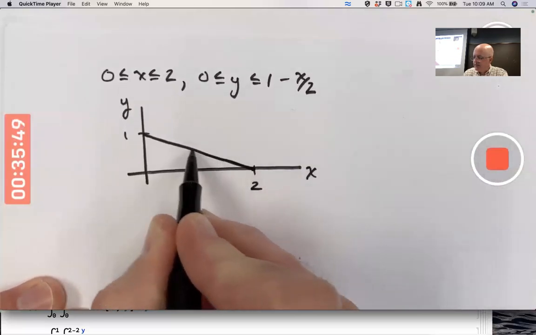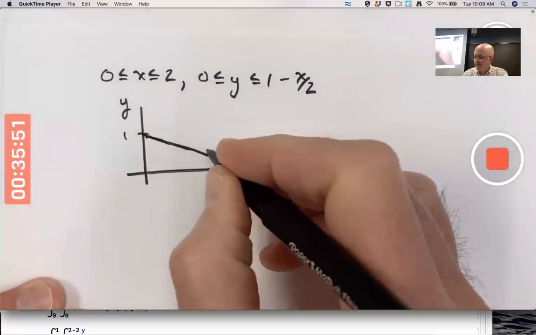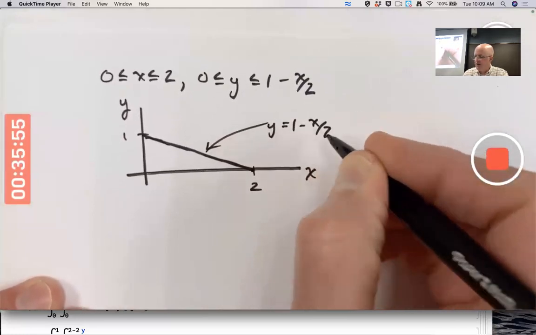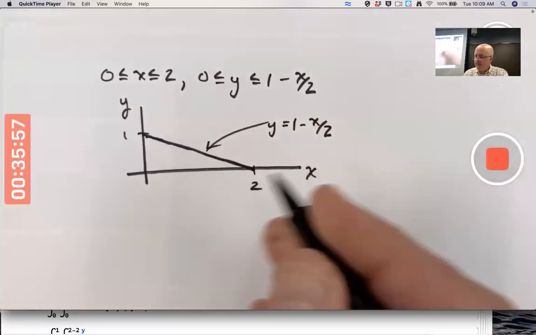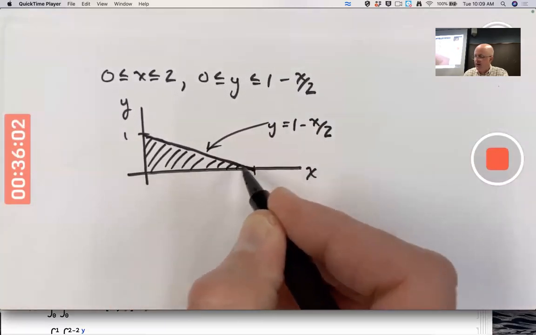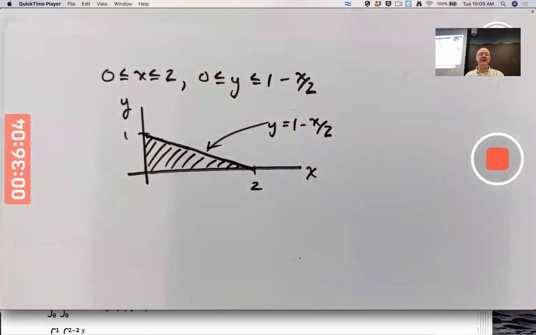There's our triangle. That line has this equation. These inequalities mean we're inside this triangle. That is the domain in the xy plane where the joint PDF of this bivariate random variable is strictly positive. It's 0 elsewhere.